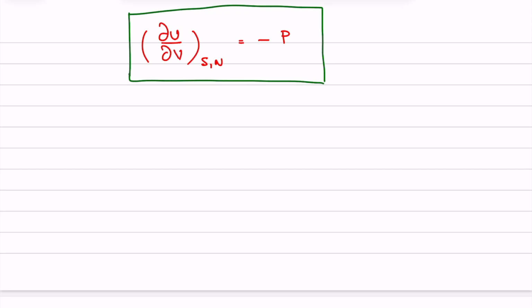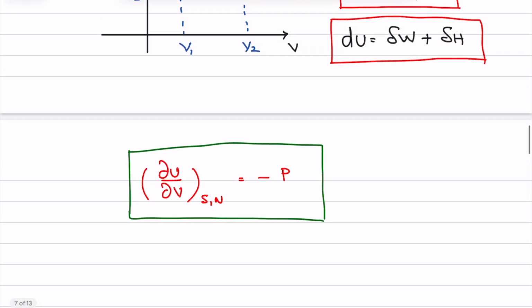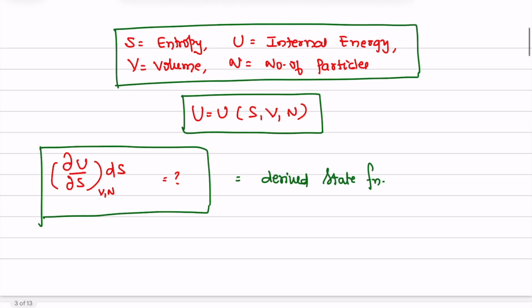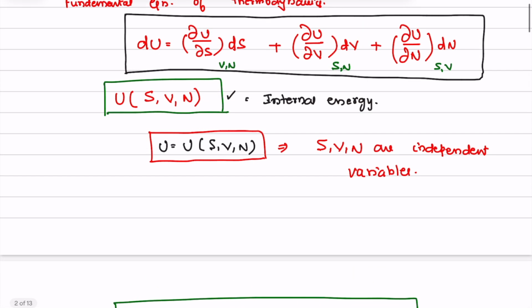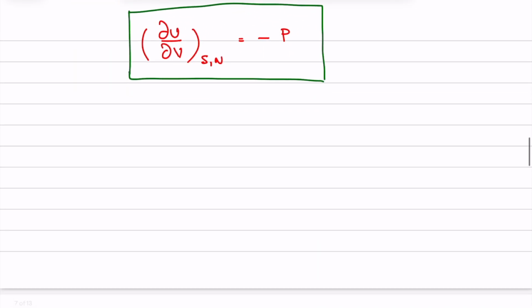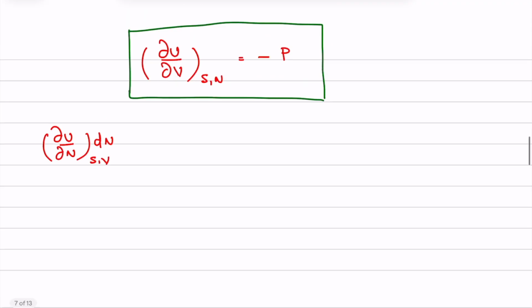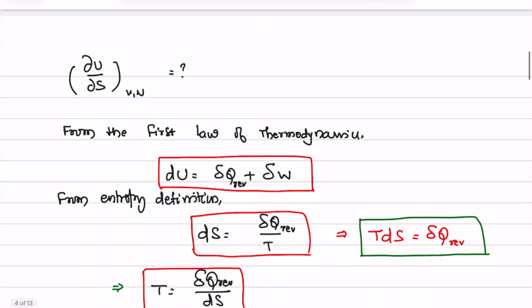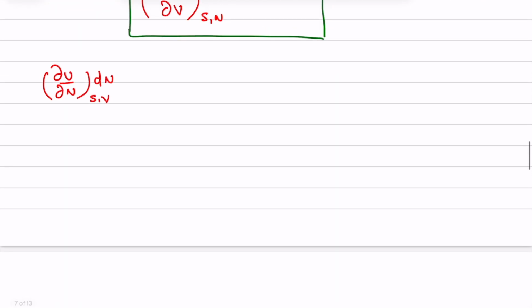Next, let's go to the third term. What is the third term? ∂U/∂N into dN. The third term is ∂U/∂N into dN when S and V are constants. Is it correct? Just check up. Now, what is the meaning of it?